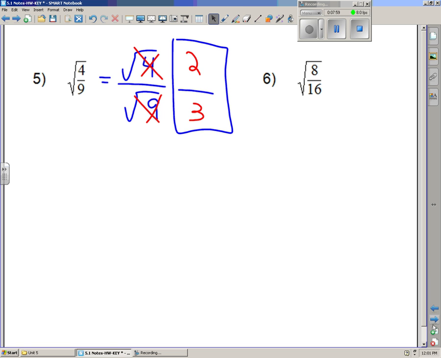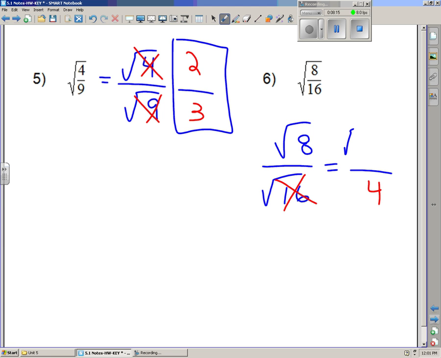When I break square root of 8/16 down, I get the square root of 8 over the square root of 16. Well, my denominator is clearly a perfect square. A 4 drops out. But my numerator isn't. However, divisible by 8 is this perfect square of 4, and then this other number, which is a 2, which is not a perfect square.